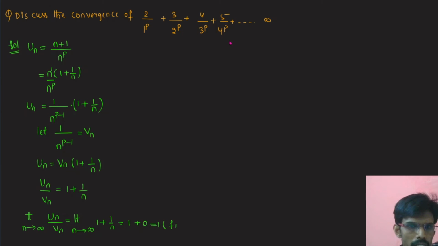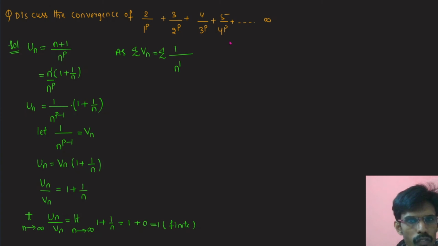That is a finite non-zero number. So here sigma vn, whose value we have taken as 1 by n power of p minus 1, is a p series.